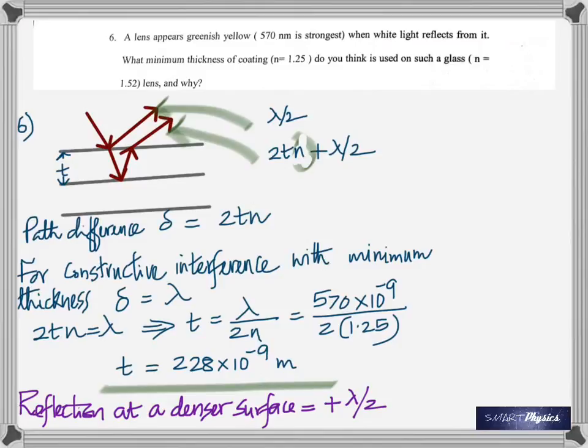And also, since it's moving through a material, you have to take the geometrical path difference, which is 2t, and multiply it with the refractive index of the material. Hope that makes sense.